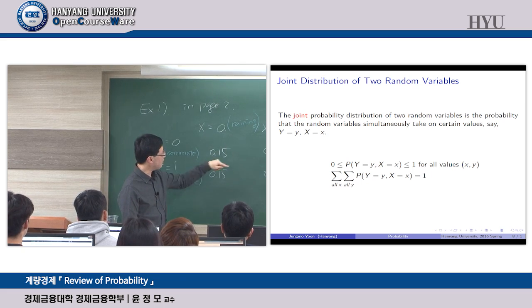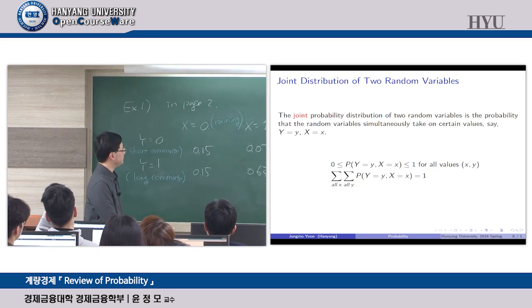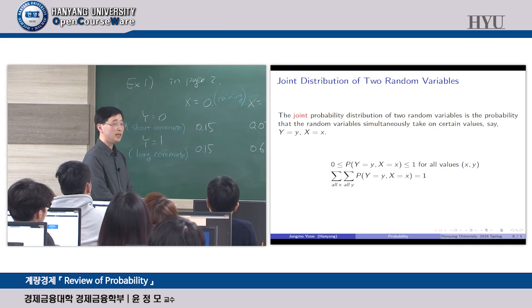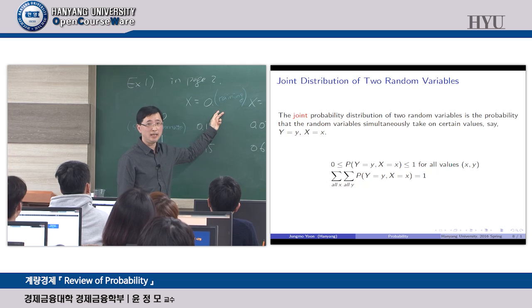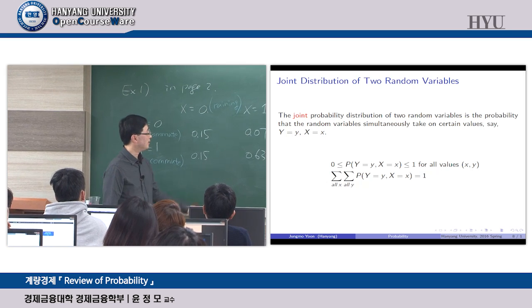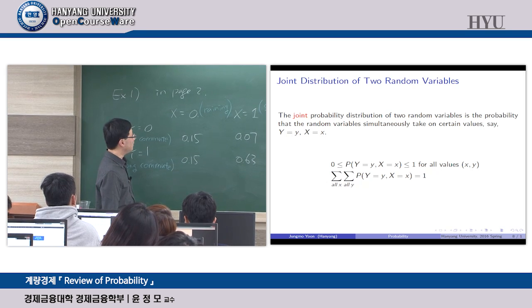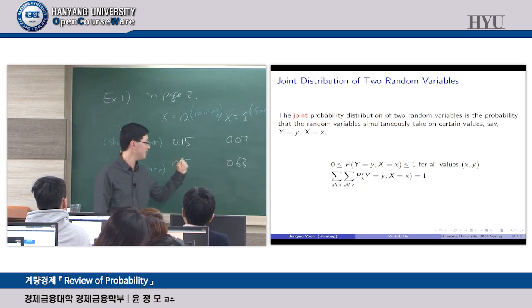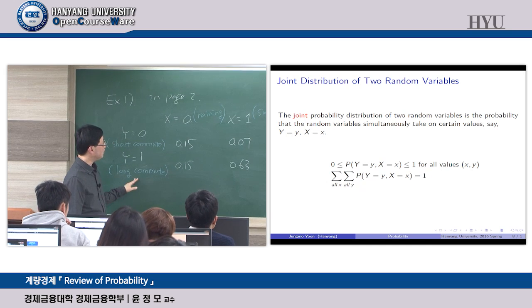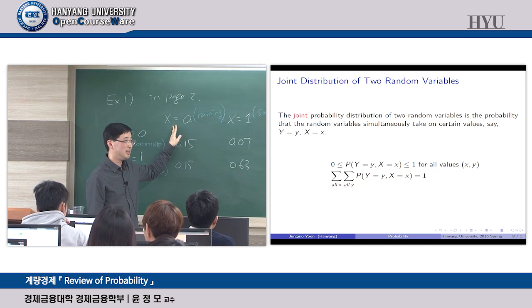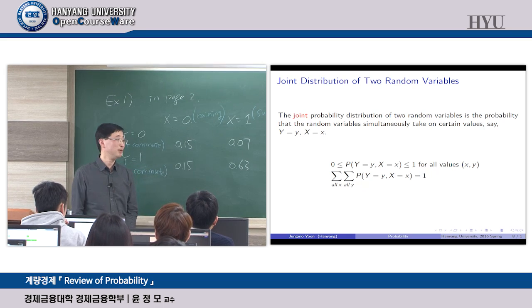Now, what's the meaning of these numbers? So 0.15, 15%, means the probability that I had a short commute on a rainy day. 0.07, 7%, means I had a short commute on a sunny day. 0.15 means I had a long commute on a rainy day. Things like that. It's more like a frequency from past experience.